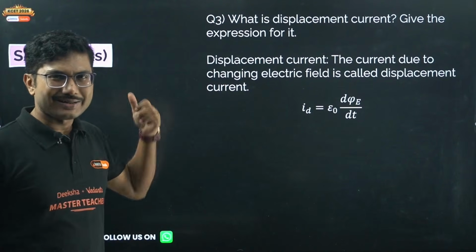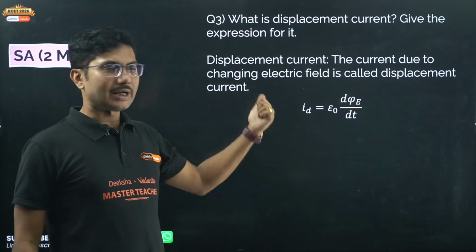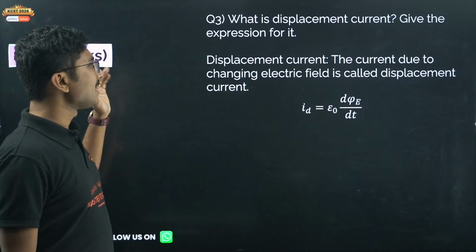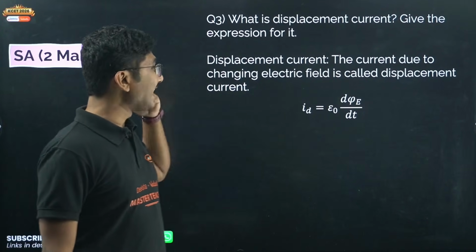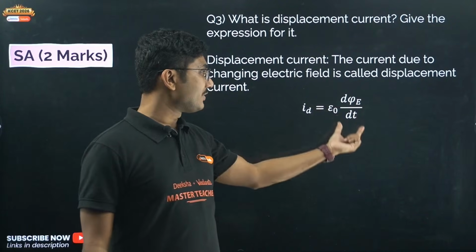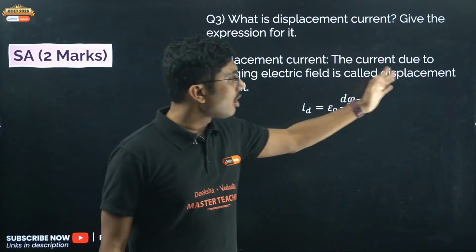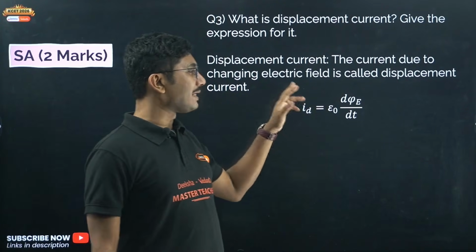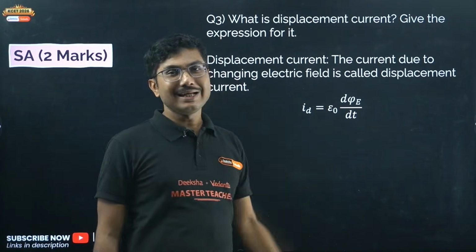I have discussed that in the objective question, that's why it is not included over here. You just need to write the same expression. Displacement current is the current due to changing electric field. So displacement current is given by epsilon naught d phi E by dt.